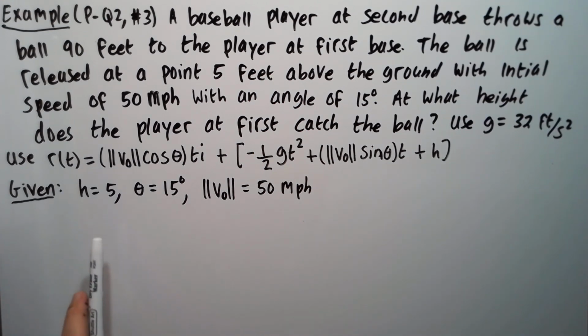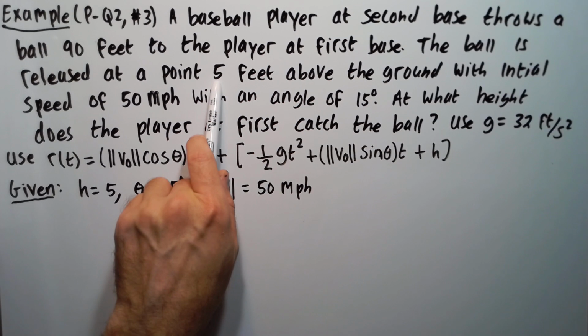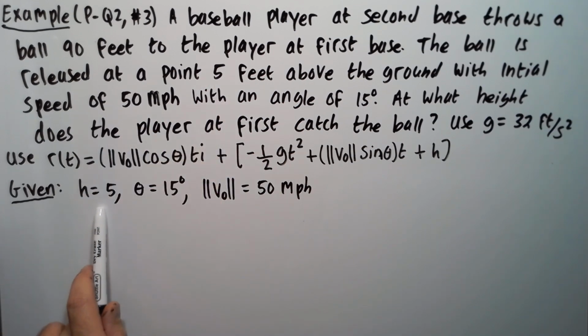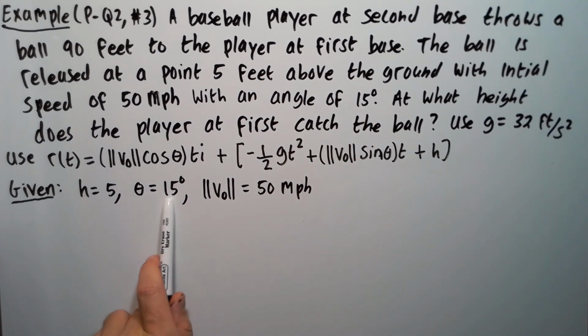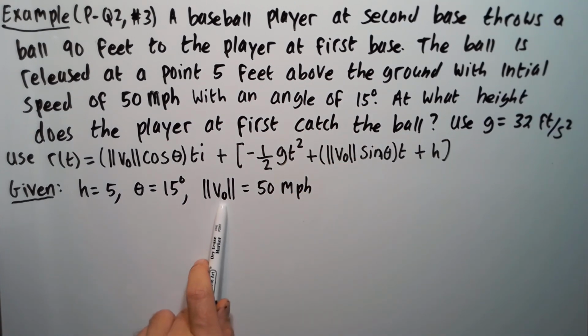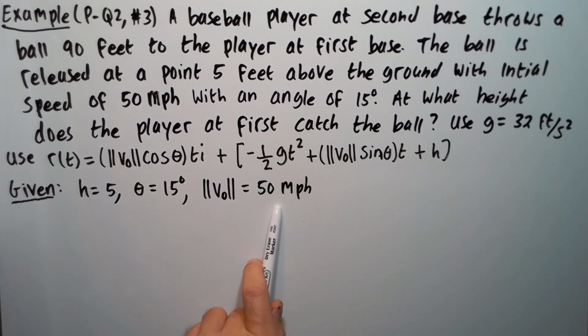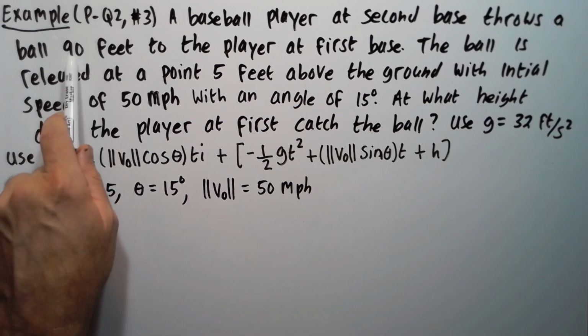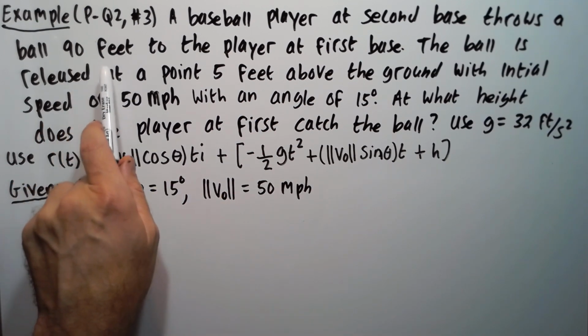Our h would be the 5 feet in our question, so h is 5. The angle is 15 degrees right here, and the initial speed is 50 miles an hour, which goes here. There's another observation: the 90 feet we haven't used yet, so let me write what equation we'd use for that one.